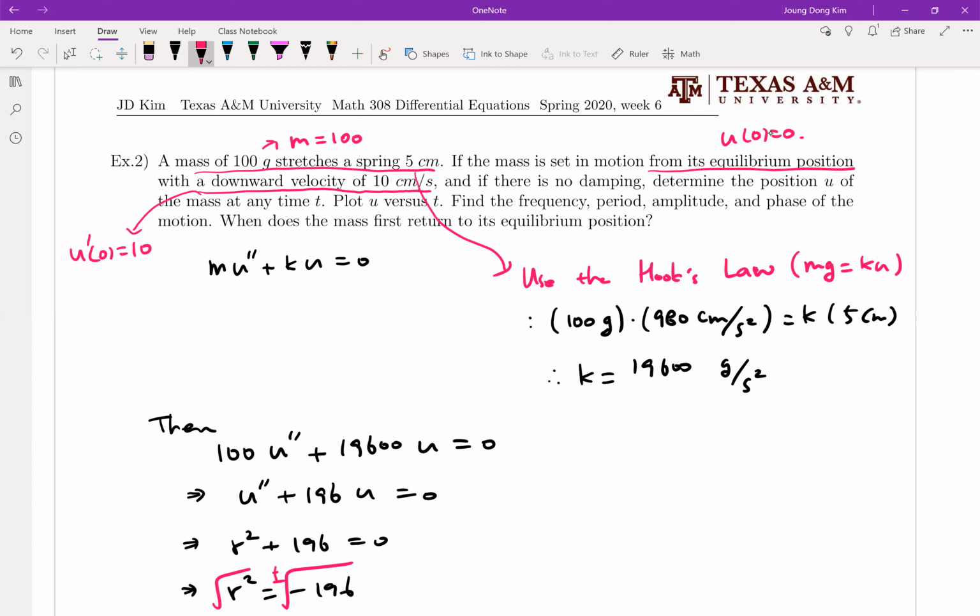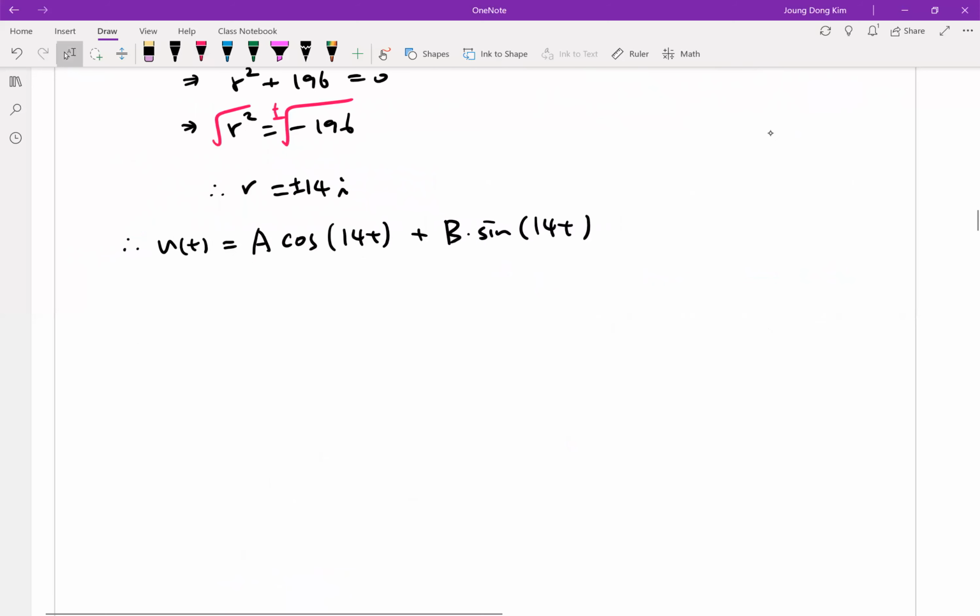Let me write here. Since u0 equals 0, A times cosine 0 plus B times sine 0 must be equal to 0.